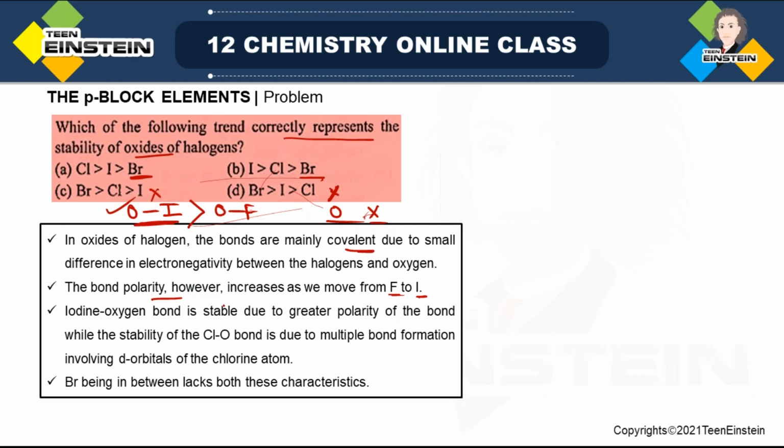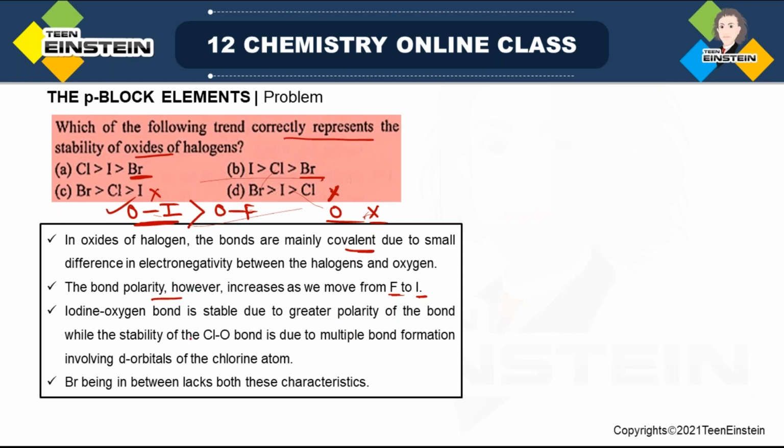So bond polarity will be higher in OI compared to OF. As we move from OF to OCl to OBr, polarity is increasing. So from the bond polarity logic, iodine oxide should be maximum stable. So this is one factor.